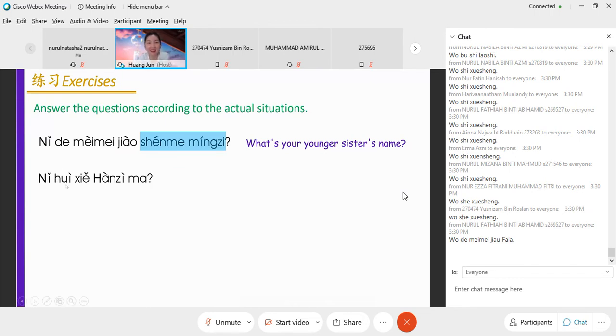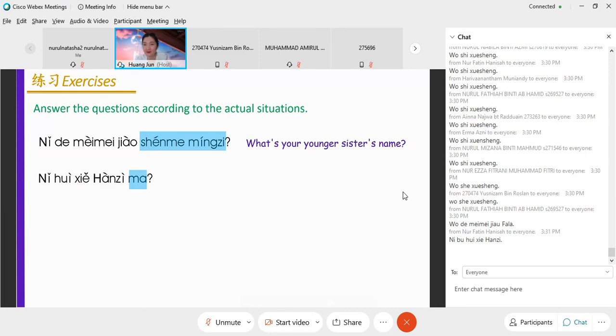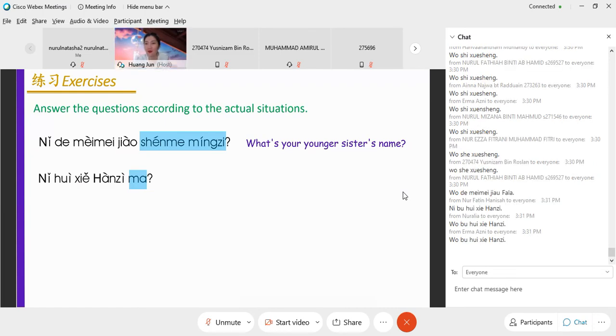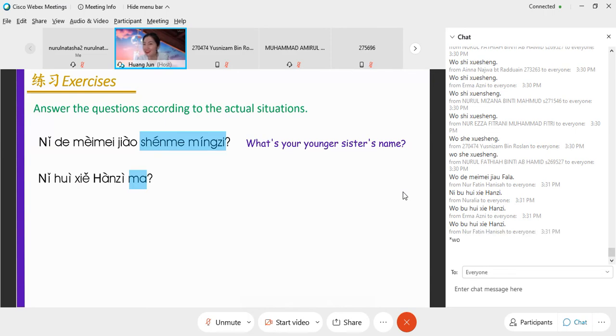Then next one. 你会写汉字吗? It's a mark question right here. So how do you answer me in your real situation? 我不会写汉字 so I don't know.